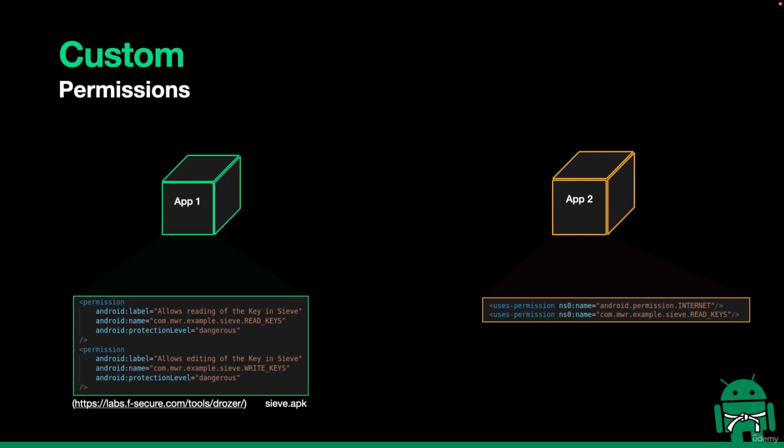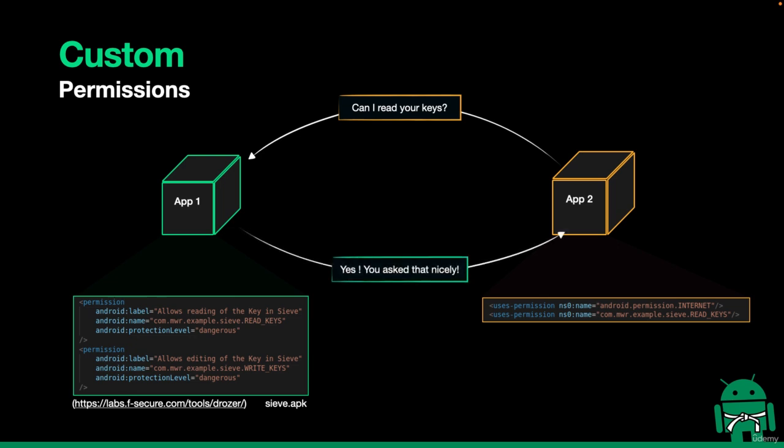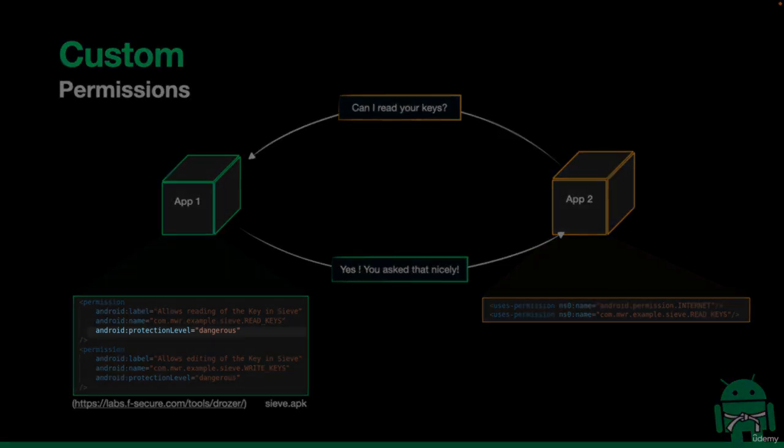And now if we have defined them in our application 2, we can simply ask nicely, can I read your keys, which means your passwords, credentials, stuff like this. And this application now responds back, yes, you asked that nicely, you are allowed to do this. So a custom permission is not a real protection for this one. So you cannot protect your data based on a custom permission unless you choose the correct protection level.